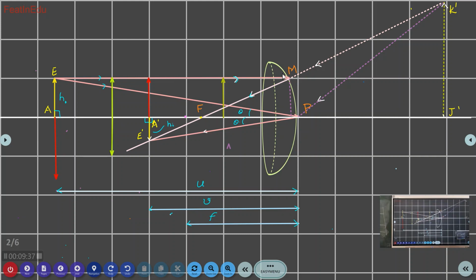It's all interrelated. Our next task is, we have identified that u, v, f, HO, HI are interrelated. Now what is the interrelation? That is our next task. So we proceed to find the interrelation between them.